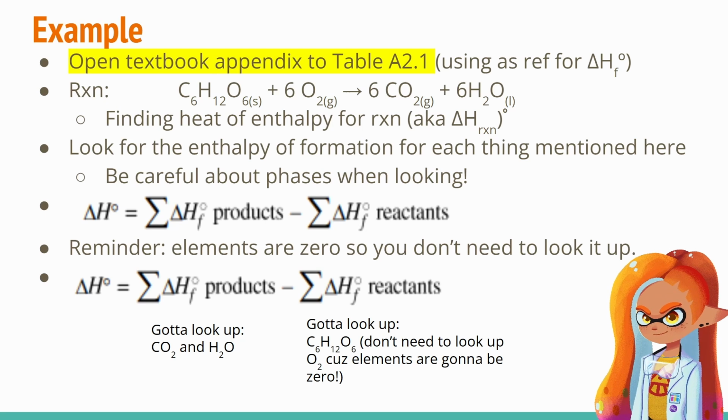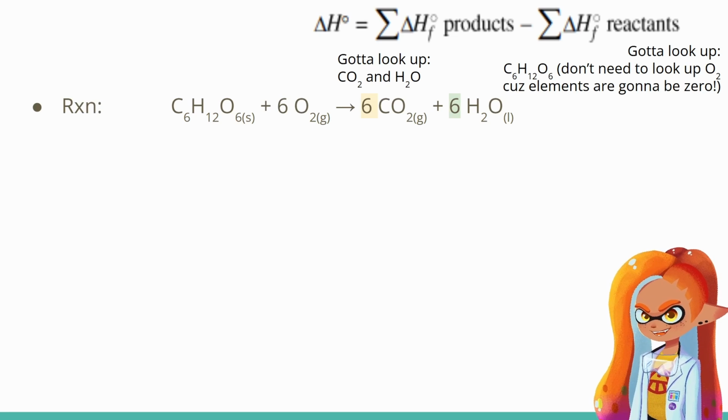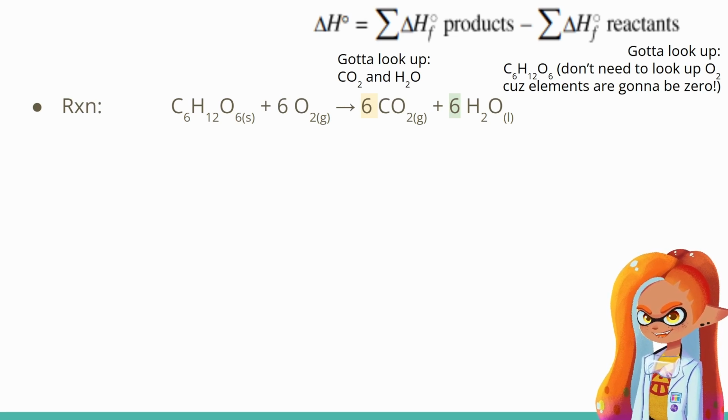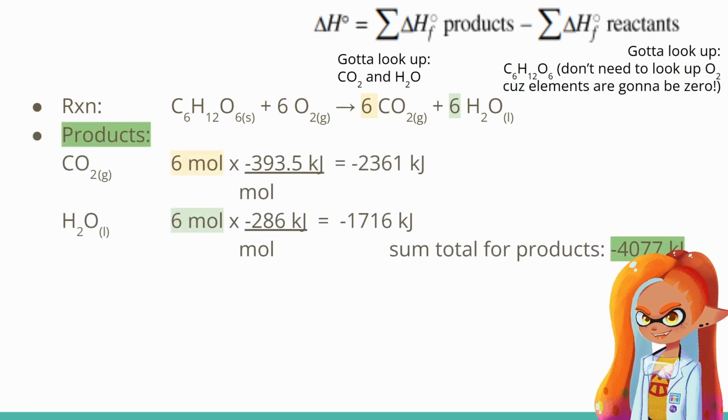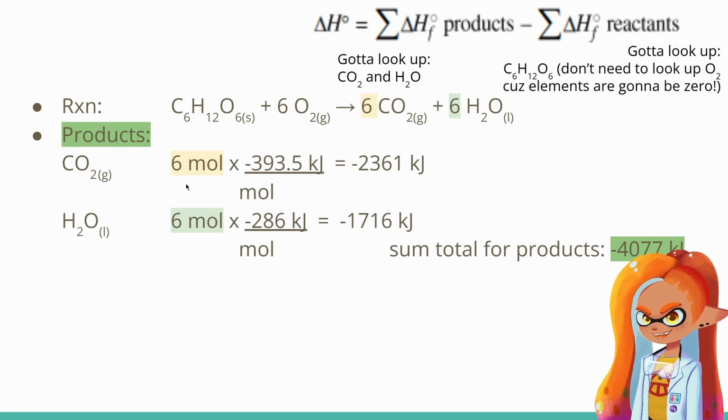So cool. In this example, this is where the highlighters come into play. So if you have highlighters or any other colored writing tools, that'd be great. So I will use them again in this example. All right, so we have our products. So I look up CO2. So CO2's value is this as a gas from the delta HF charts.